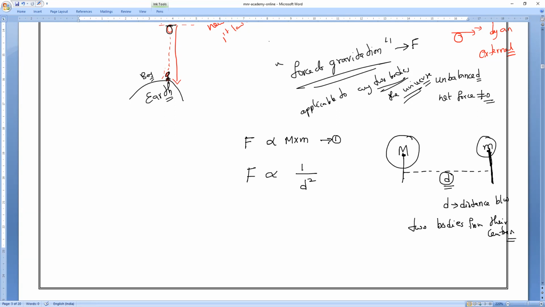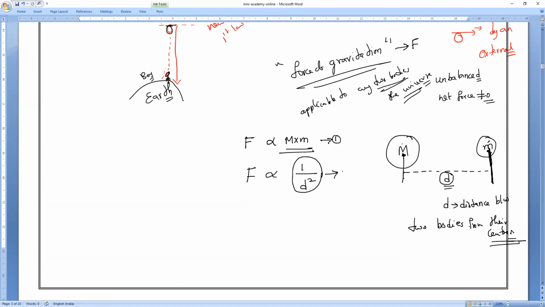According to Newton's universal law of gravitation, the force of attraction between these two bodies is directly proportional to the product of their masses, M into m, and inversely proportional to the square of the distance between the two bodies from their centers.